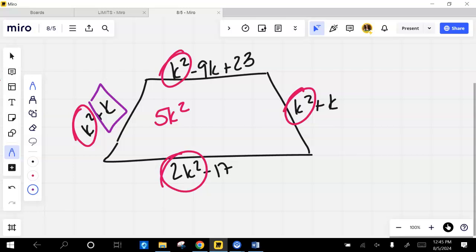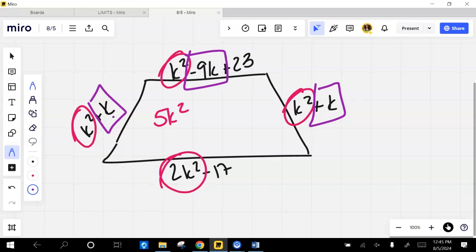Do I have any here? Negative 9k. That's right. And be careful for that negative sign. Negative 9k. How about on the side? k. Bottom? None, right? So what is k? Negative 9k and 1k. Negative 8k.